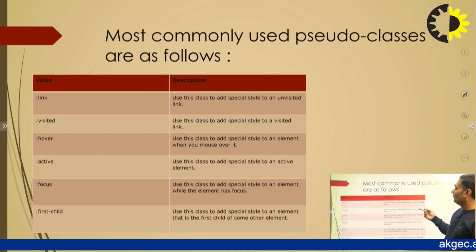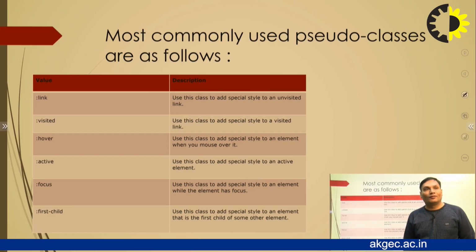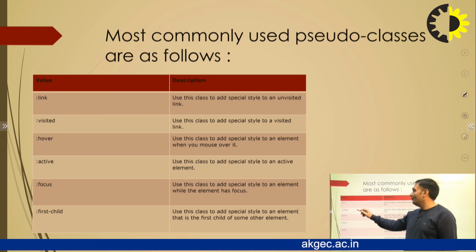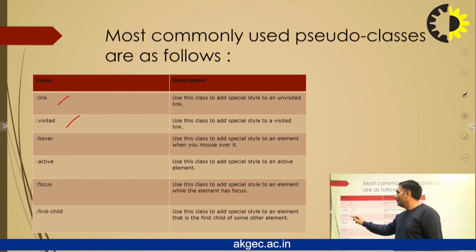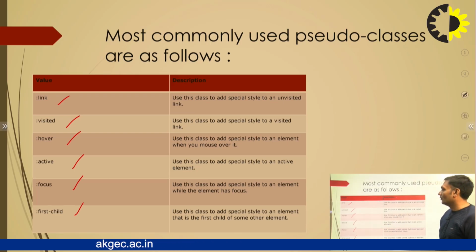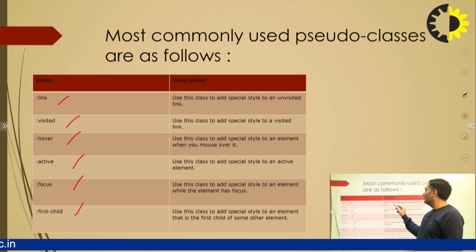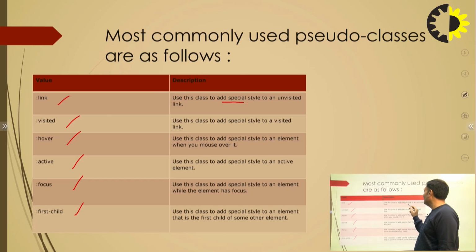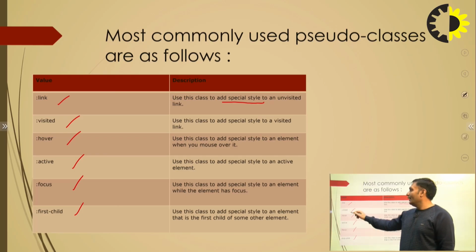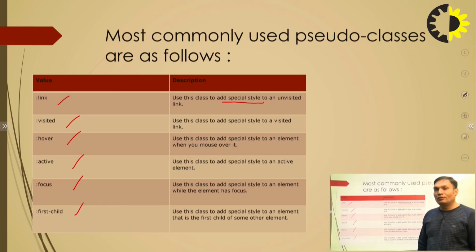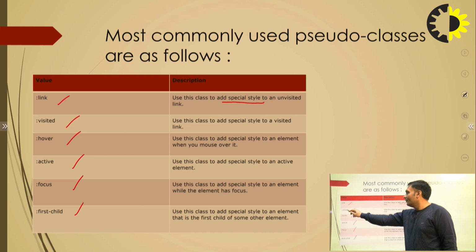If we want to talk about the various pseudo-classes of the anchor tag, they can be link, visited, hover, active, focus, or first-child. If we want to add a special style to an unvisited link, we can use a:link. If we want to style a link that is visited, we can use a:visited.